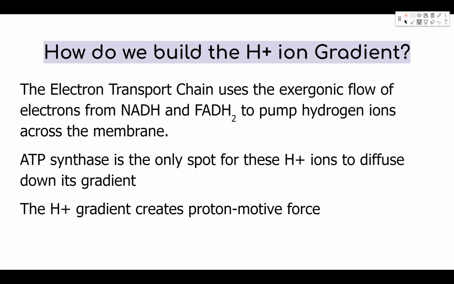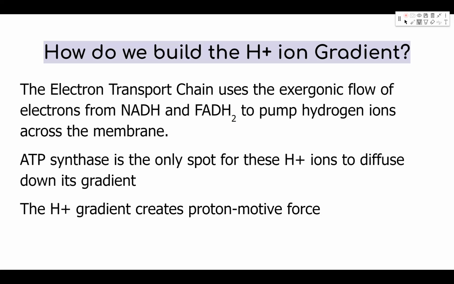So, how are we actually building that gradient? We've talked about what is building the gradient. We've talked about what the gradient does, but we haven't talked about how it's established. Our flow of electrons from NADH and FADH2 is exergonic, which means it releases energy.